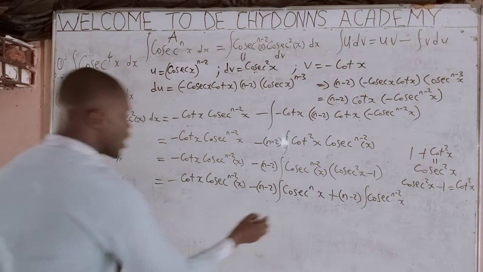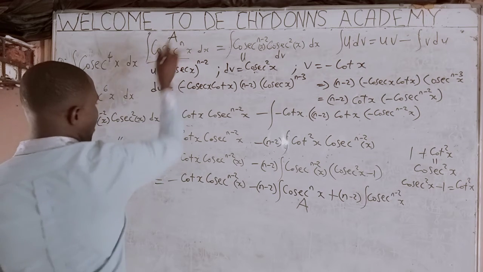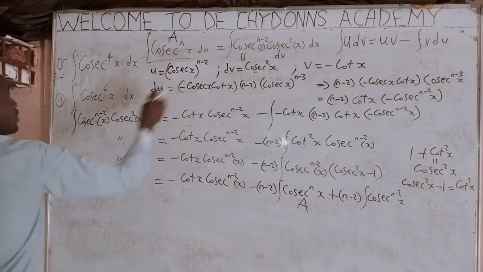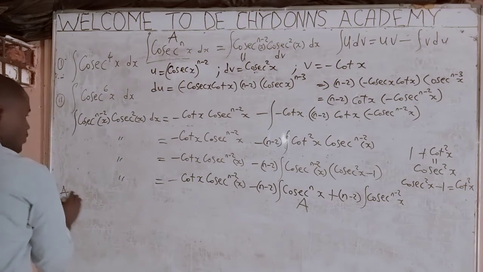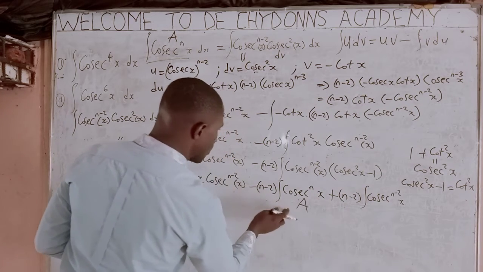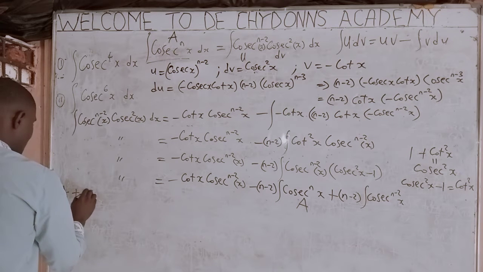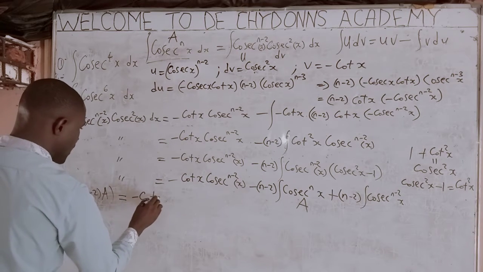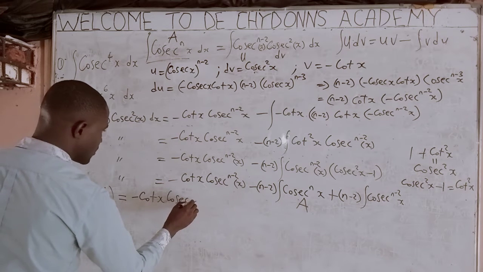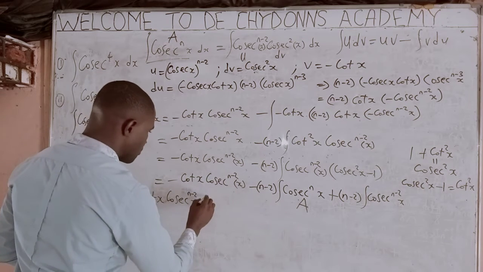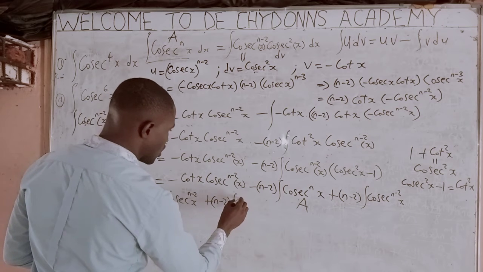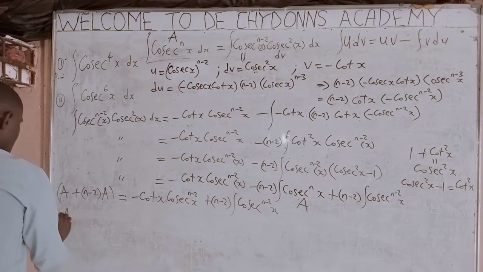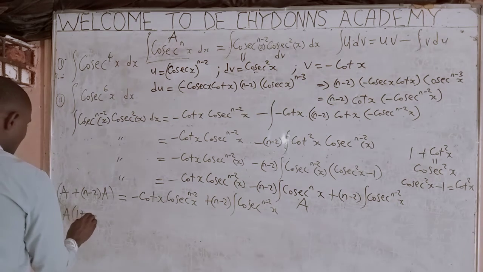Then we call this our A, because we let everything here be our A. It means that A, what is here, once it comes to the other side, plus (n minus 2) A equals minus cot x cosec^(n-2) x, plus (n minus 2) integration of cosec^(n-2) x. So we factorize A (1 plus n minus 2).